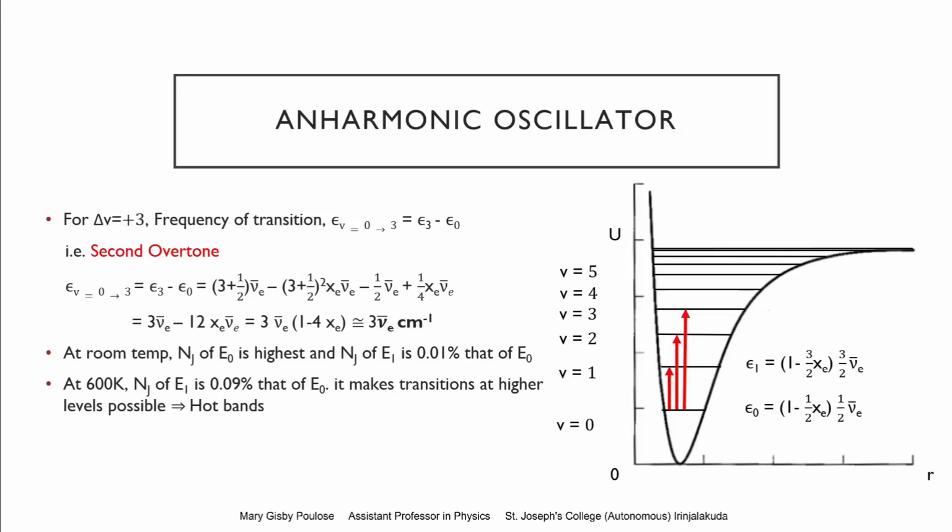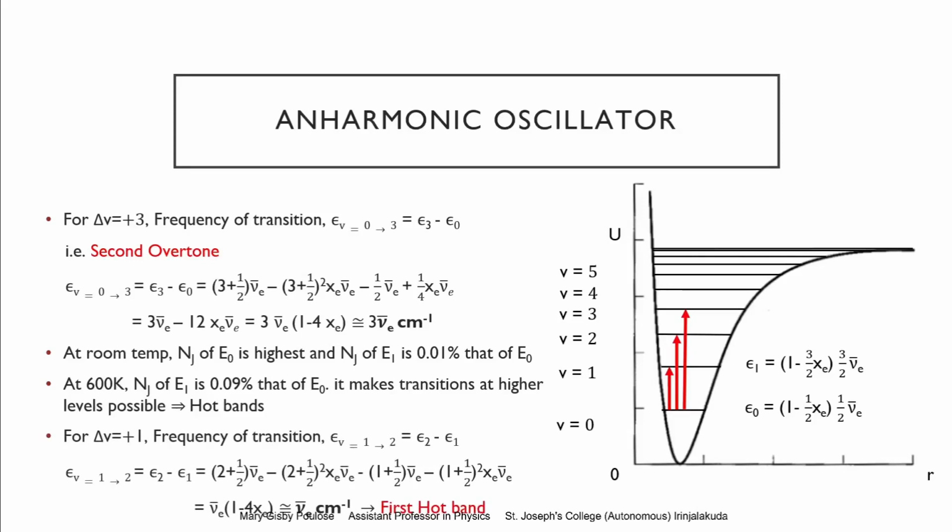That is, for delta V is equal to plus 1, we can get the frequency of transition from eta v equals 1 to 2. So it is calculated from eta 2 minus eta 1, and it is obtained from 2 plus half nu e bar minus 2 plus half square xe nu e bar minus 1 plus half nu e bar minus 1 plus half square xe nu e bar. Now this is equal to nu e bar into 1 minus 4xe.